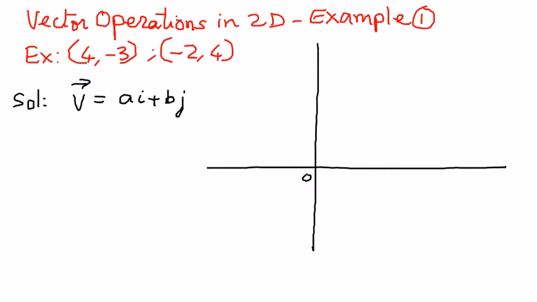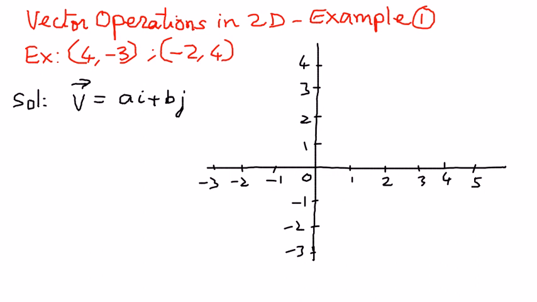So this is the origin. This is point 1, 2, 3, 4, and this is negative 1, negative 2, negative 3, and so on, on both axes.